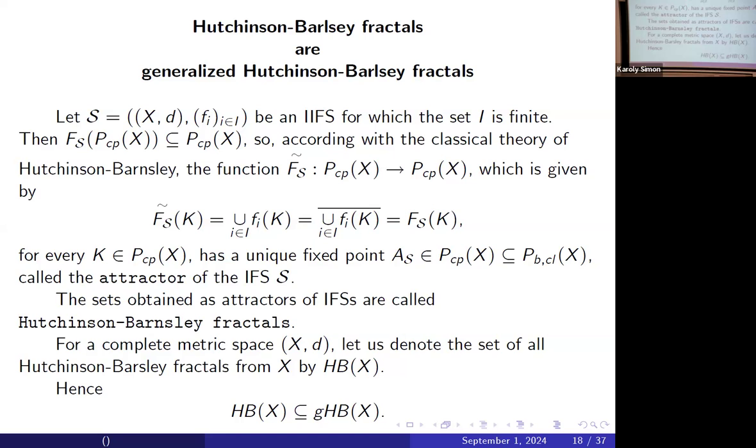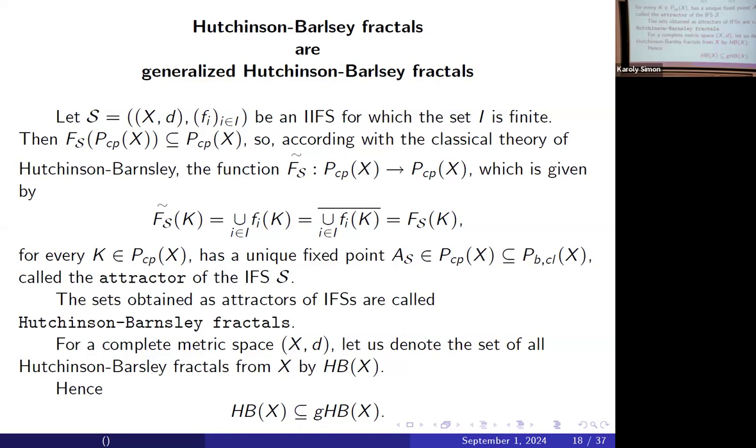All right, let us call the sets that are obtained in this way Hutchinson-Barnsley fractals, and we denote for a given metric space X this set by HB of X. So this means that for sure we have HB of X is a subset of GHB of X. This is why we called the set from here generalized Hutchinson-Barnsley fractals.